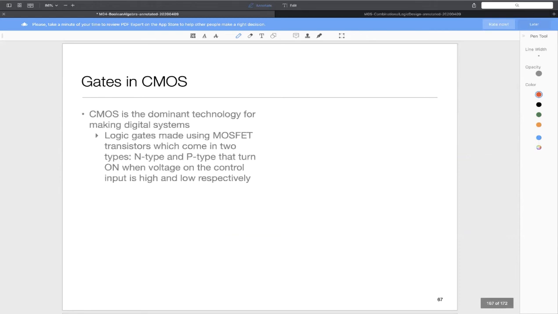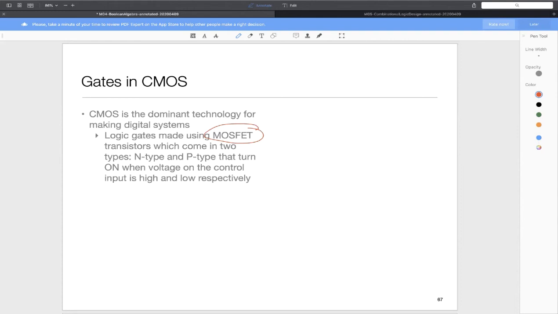So, gates in CMOS. Remember I said CMOS is the technology which is used. It's the dominant technology for making digital systems, and the gates in this technology come in two varieties. The type of transistors that this technology uses are MOSFETs, which stands for metal oxide field effect transistors, but nowadays the metal part is a bit of a misnomer, though it doesn't really matter.